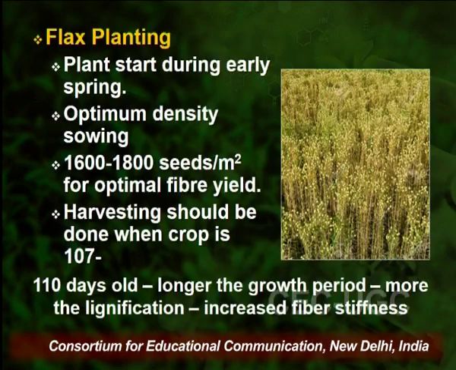So for planting the flax plants, the propagation starts during the early spring season, and the planting density plays an important role in deciding the overall quality of the flax fibers. The density should be optimum, and it is believed that 1600 to 1800 seeds per meter square has been found as an optimal density for optimal yield of the fiber.